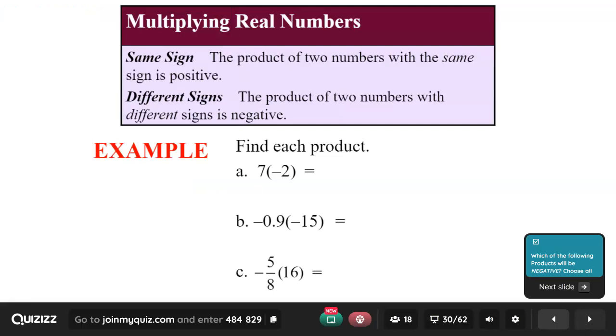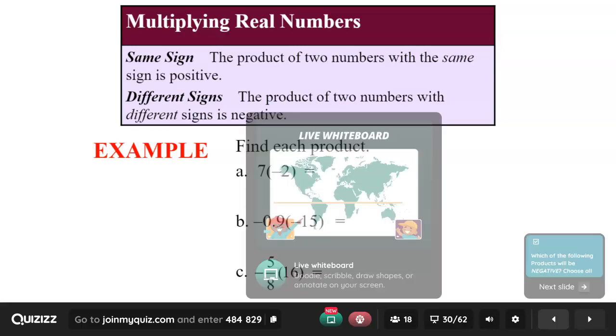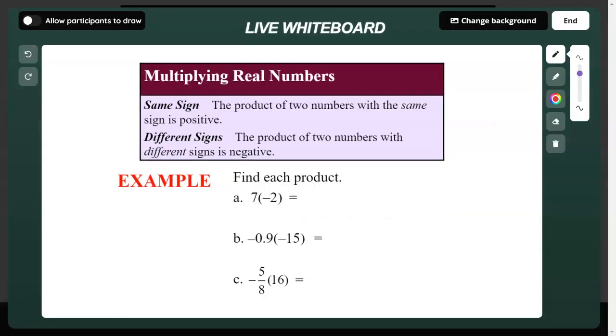All right. Now, multiplying, dividing, luckily, is a little bit easier in my humblest of opinions. Whenever you're multiplying or dividing, if you have the same sign, then your product is positive. If you have a different sign, your product is negative. Same with your quotients. Now, important to note that this is true when you have two numbers.